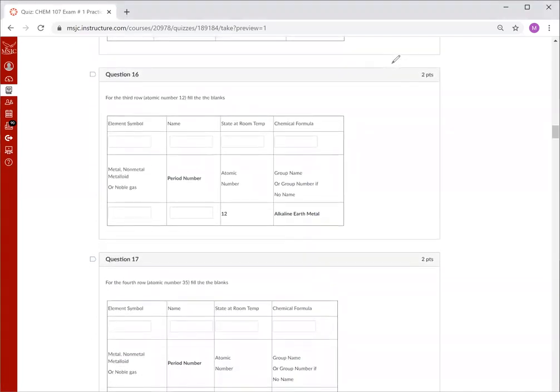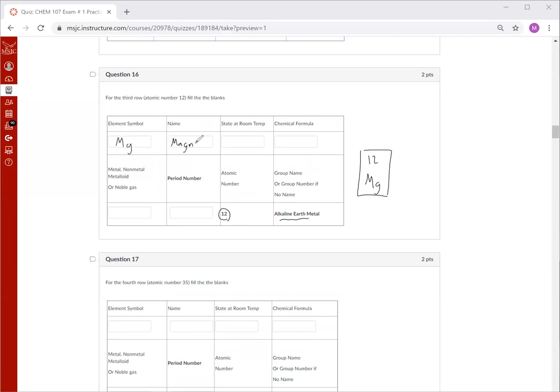So looking at this example, we're given that our species has an atomic number of 12, and we have an alkaline earth metal. What element has an atomic number of 12? Magnesium. Yep, exactly right. So we enter the symbol for magnesium, Mg.